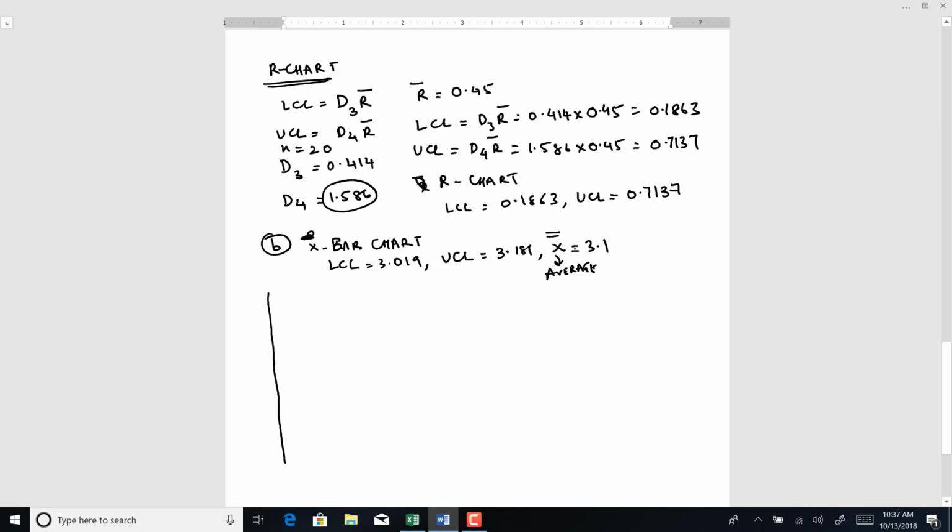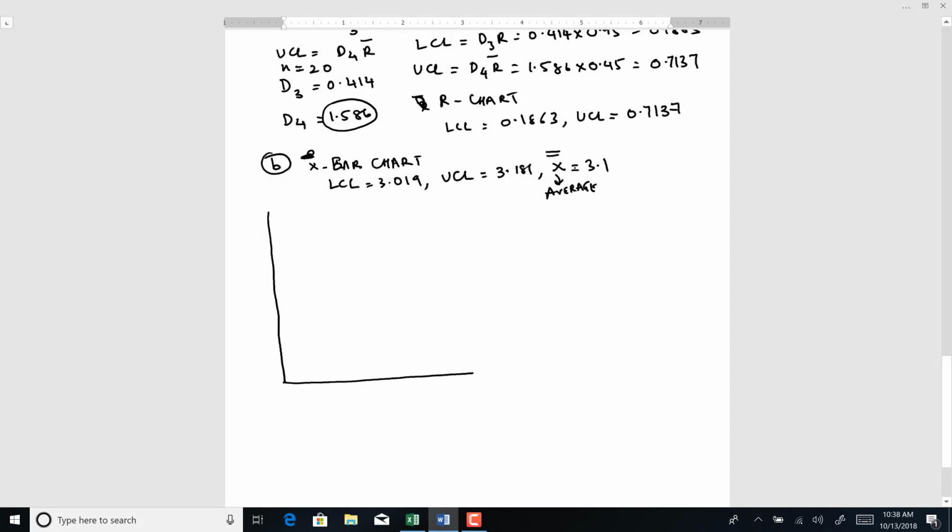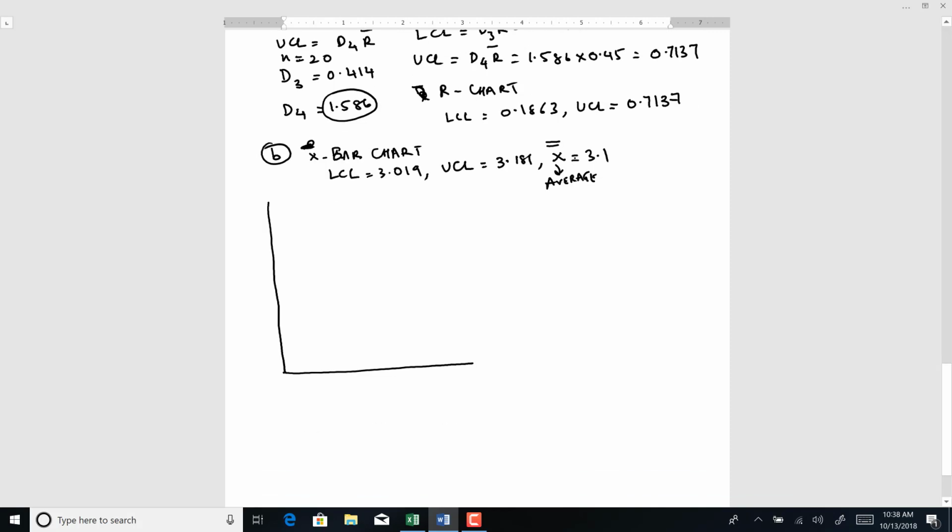So I will try to draw a chart here. Suppose I start with 3, so this is 3, this would be 3.05, 3.10, 3.15 and then 3.2.